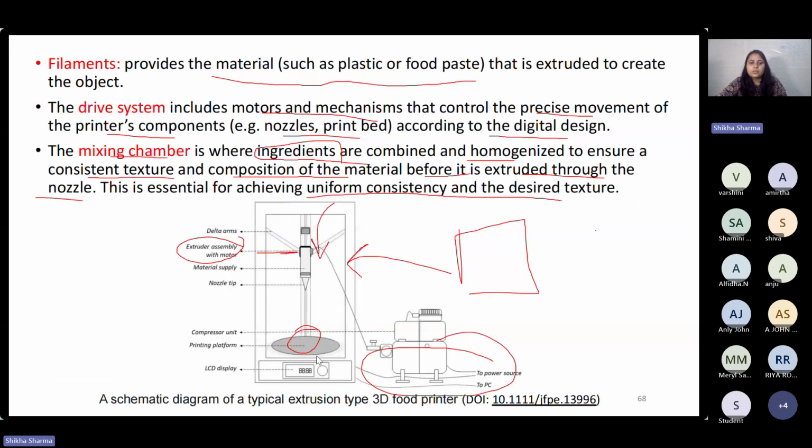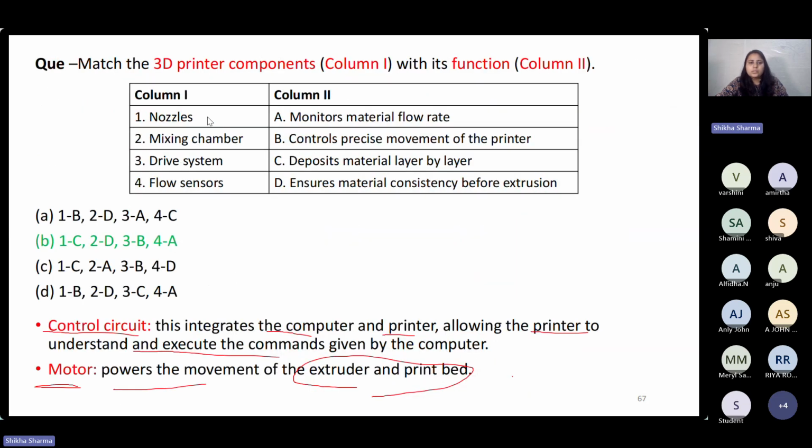So here is this display. The nozzle is connected to the deposition of the material layer by layer. Then the mixing chamber ensures the material consistency before the extrusion. Then the driving system controls the precise movement of the printer, and flow sensors monitor the material flow rate.